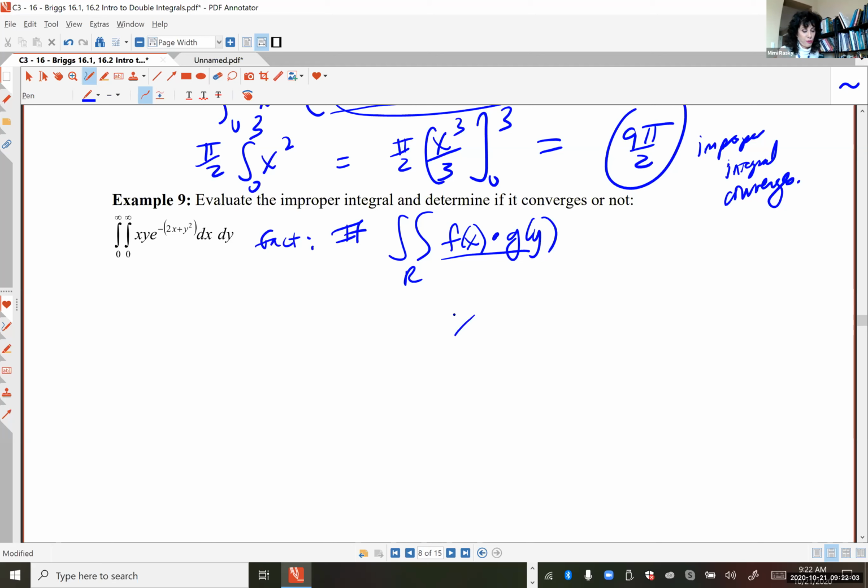Like if it's x plus y, no, you can't. It would have to look like x times y, where you could rewrite it as a product. Then here is what you're allowed to do. Let's say this is dy dx. You can rewrite it as two separate integrals.